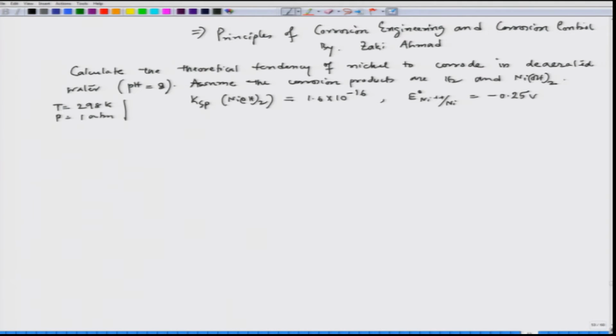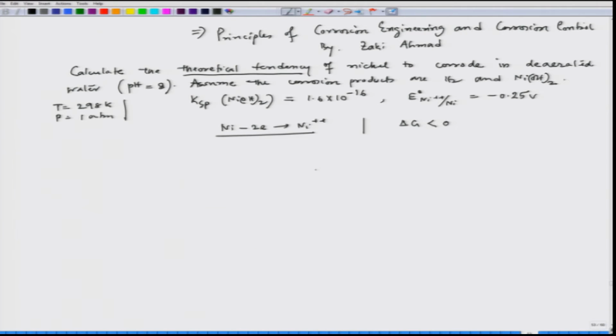So, now it is saying theoretical tendency. Whenever we are talking about theoretical tendency, we first consider that nickel is corroding. So, nickel goes to nickel plus plus plus 2e, this reaction is taking place. And then we will see that if this reaction happens, then we have to find delta G0 for the entire system, which should be less than 0.